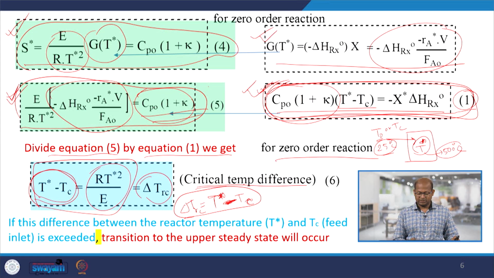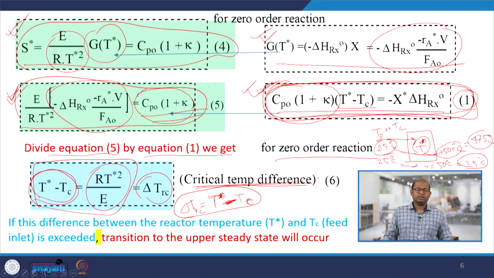So, this is actually the critical temperature difference. If the feed inlet temperature is 25 degree centigrade and T star equals 500 degree centigrade, the difference is huge, 475 here, 25 degree centigrade there. So, this is called the critical temperature difference.